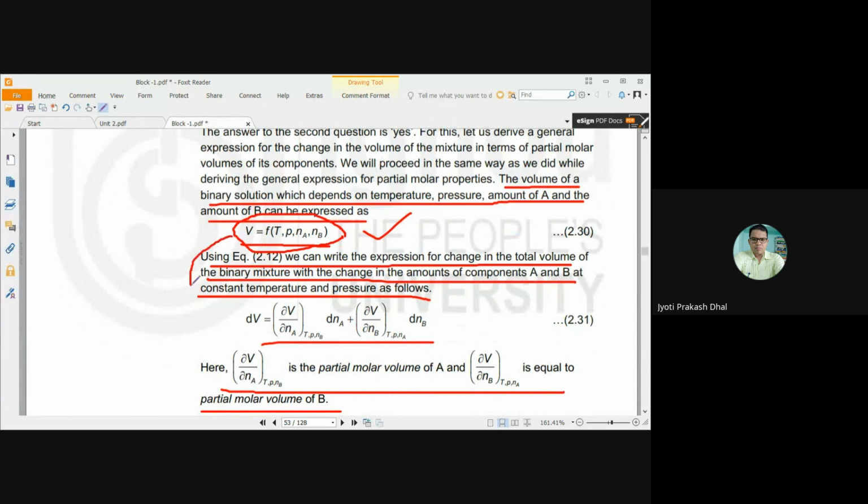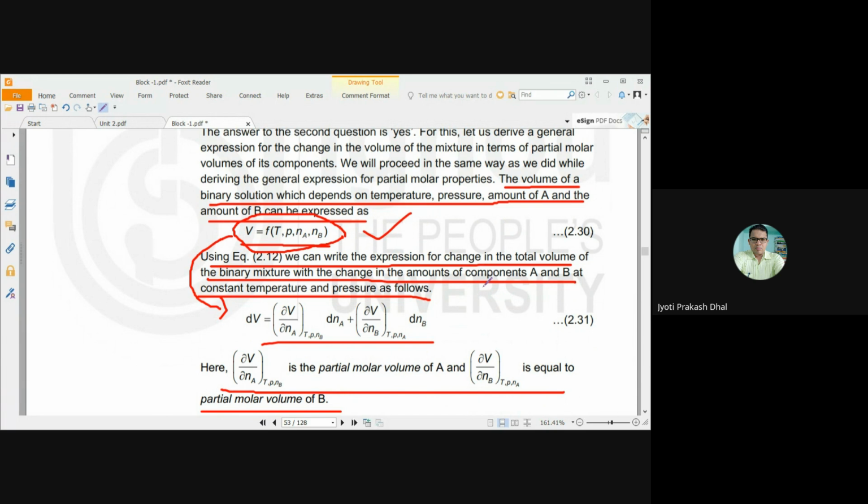So it will change to the differential form. At constant temperature and pressure, the first two terms will be 0 because at constant temperature dT equals 0 and at constant pressure dP equals 0.